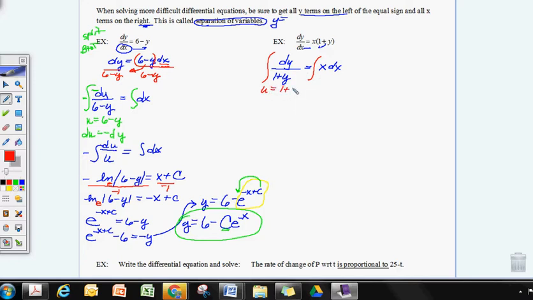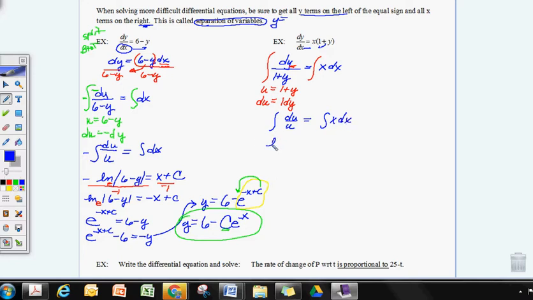So my u value becomes 1 plus y, which means my du value becomes 1 dy. I've got my dy, I've got my pieces, so I can rewrite this as the integral of du over u is going to equal the integral of x dx.